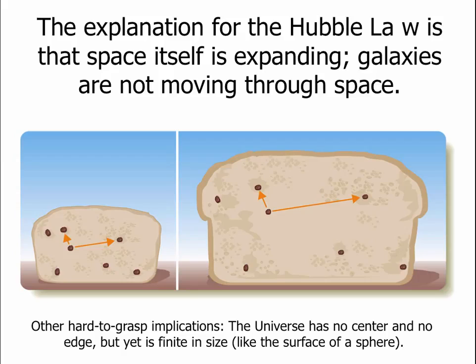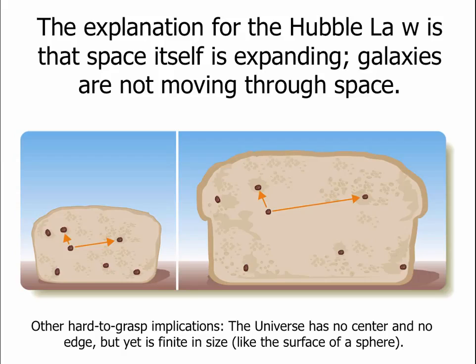What's going on is not that the galaxies are moving through space further away from each other. Just like in this raisin bread, it's not that the raisins are moving through the dough to get further away from each other. It's that space, or dough, itself is growing, and that carries it along.